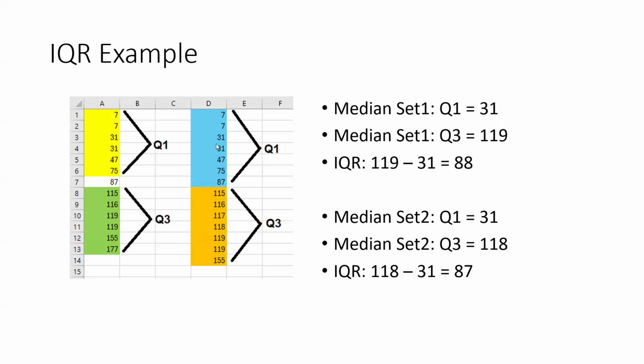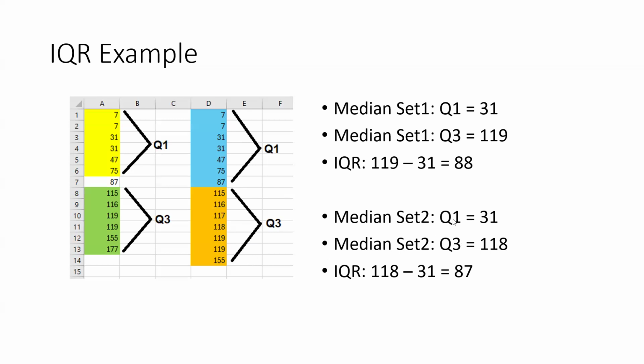So our median value is 31 because this subset has an odd number of observations. So 1, 2, 3, median value, 5, 6, 7. And the same is true for this subset here. 1, 2, 3, median value is 118, 4, 5, 6, 7.